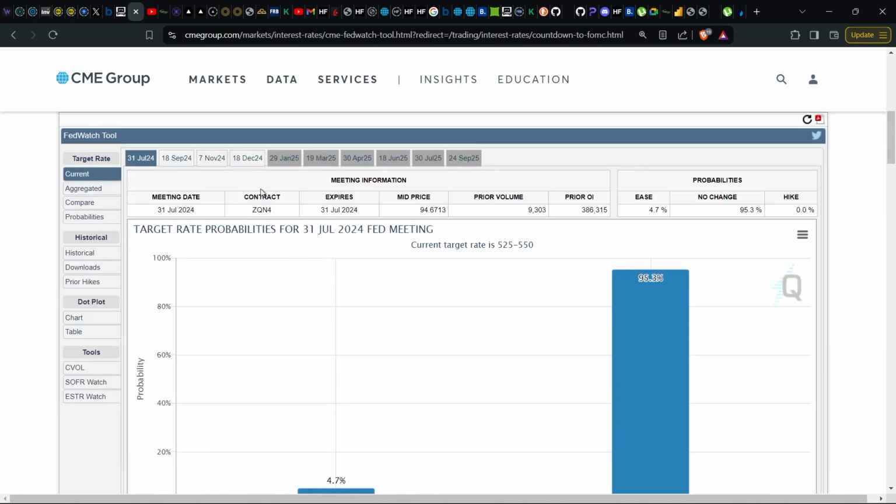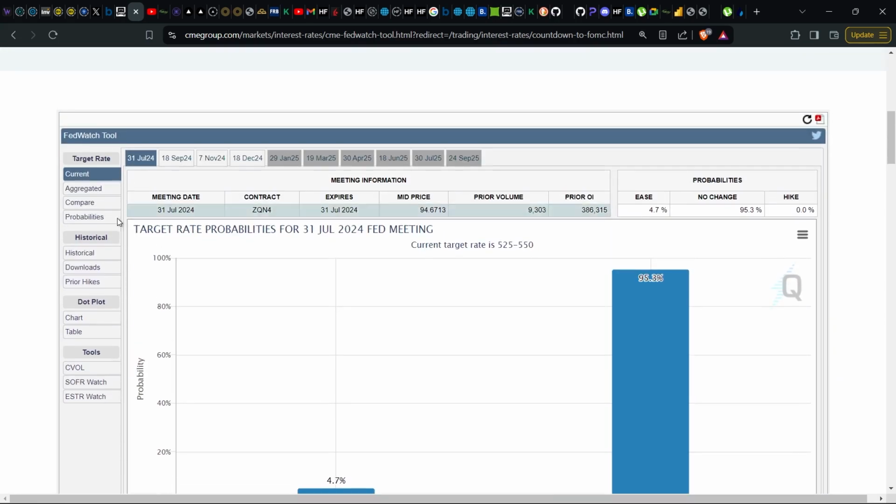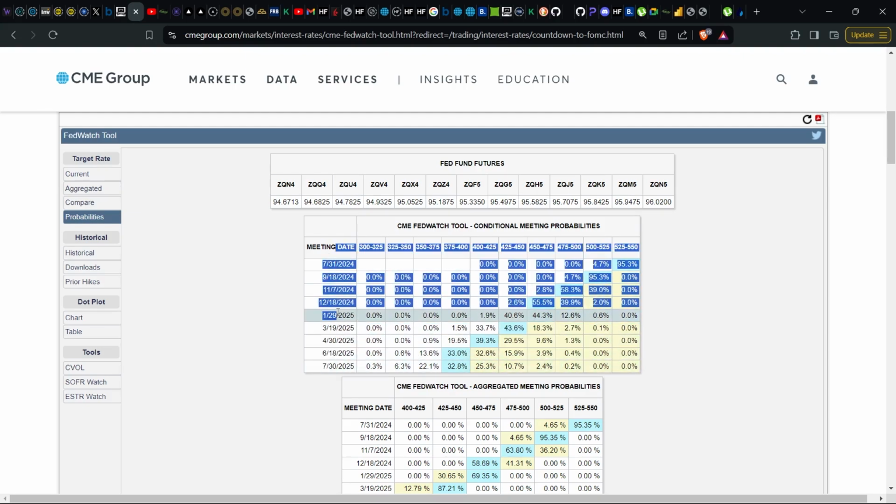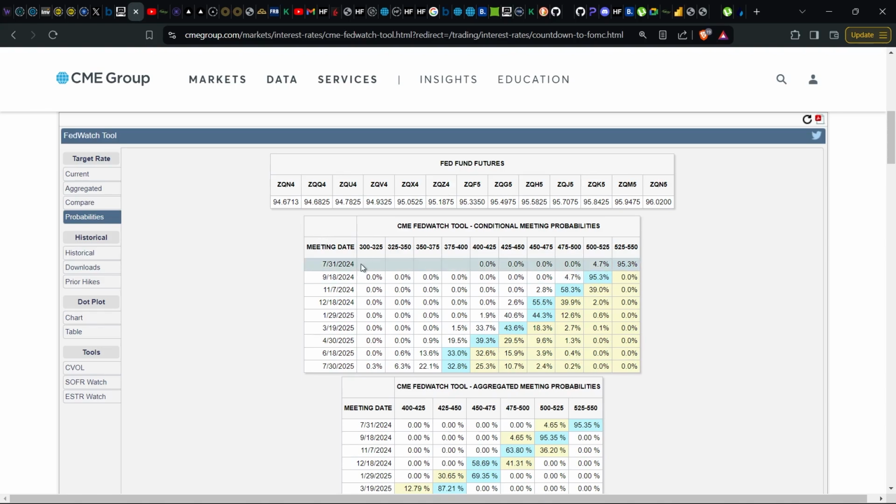Yeah, this is the website. This is where you can check out the expectations and go to probabilities. Now you can see the table. You can see these meeting dates, future scheduled meeting dates, and these are the expectations the market has of where interest rates will be in the next few meetings.